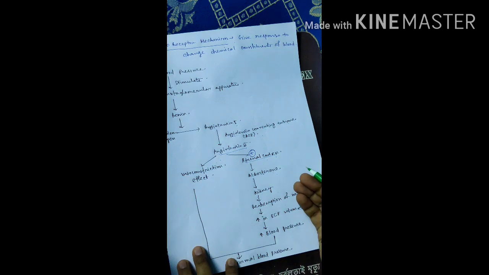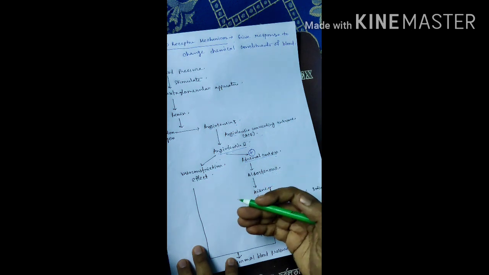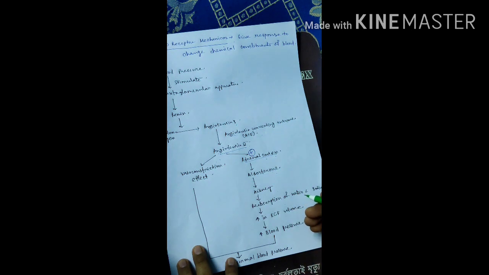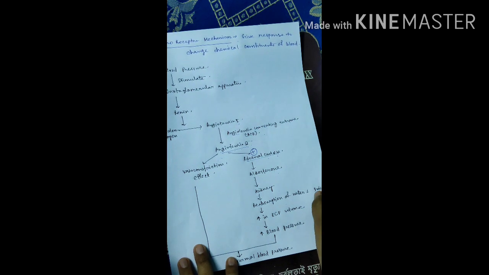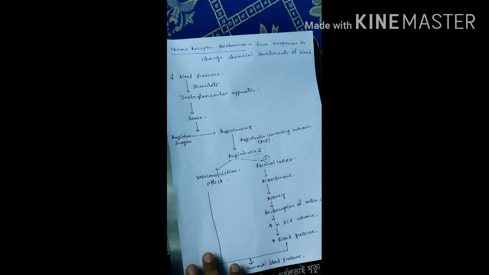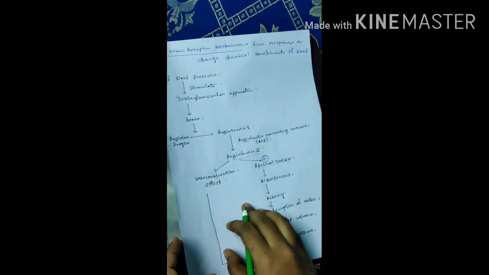If the blood volume is increased, then the blood pressure will be increased and become normal. So there are two types of mechanism by which the vasomotor center regulates the blood pressure.